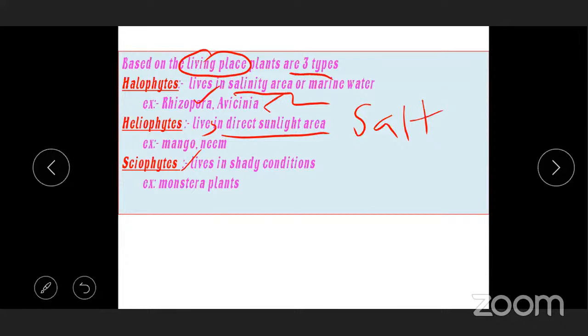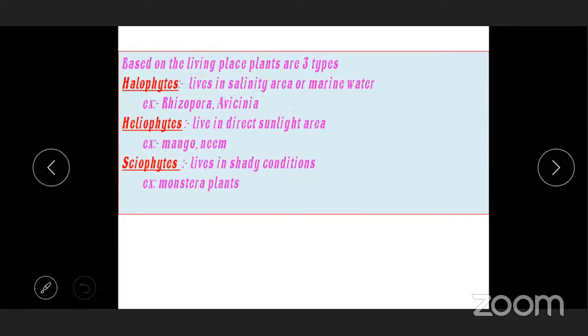Sciophytes live in shady conditions. Shady means shadow. For example, Monstera plants. So this is important. Based on which property? Based on the living place property, there are three types of plants.